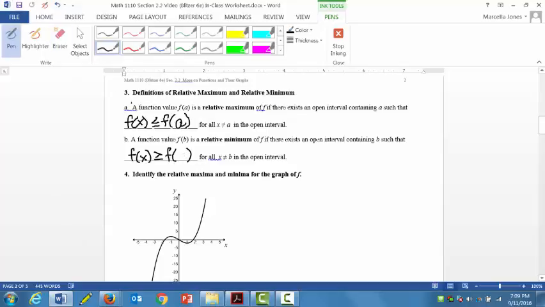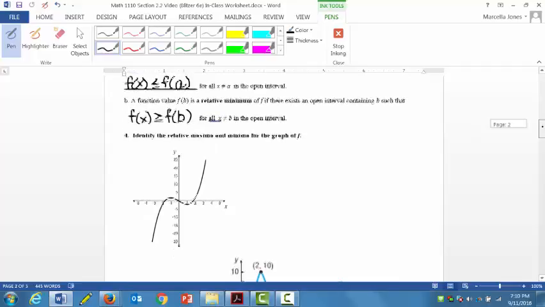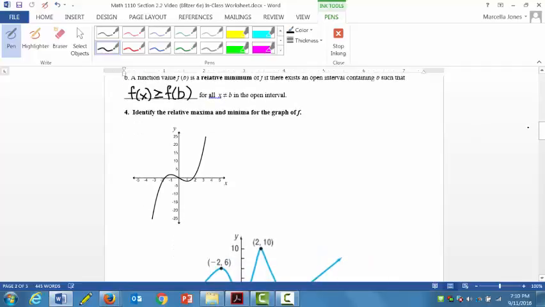We say that a function has a relative minimum if there's a b such that f of x is greater than or equal to f of b for all x not equal to b in the open interval. And so relative maximum is going to be a high point in a region of the graph, and the relative minimum is going to be a low point.